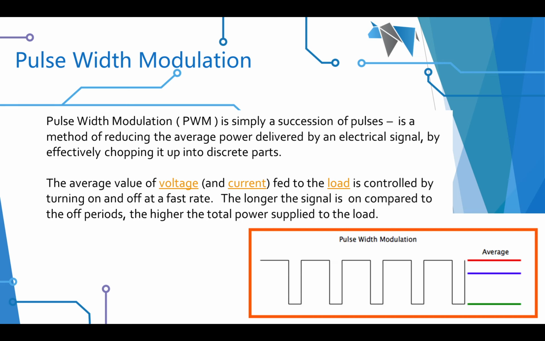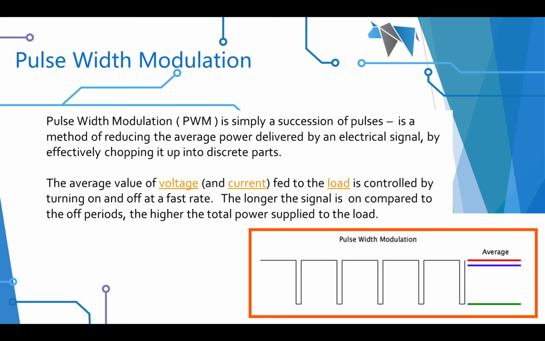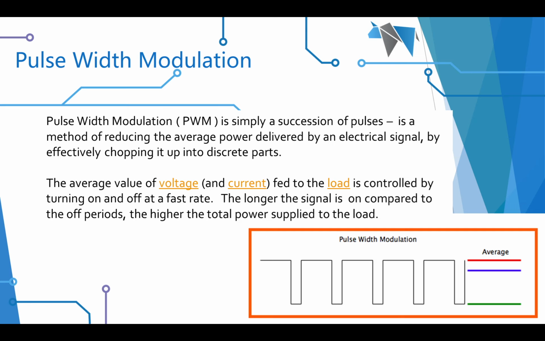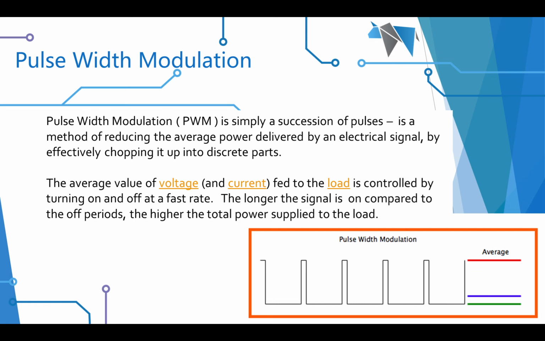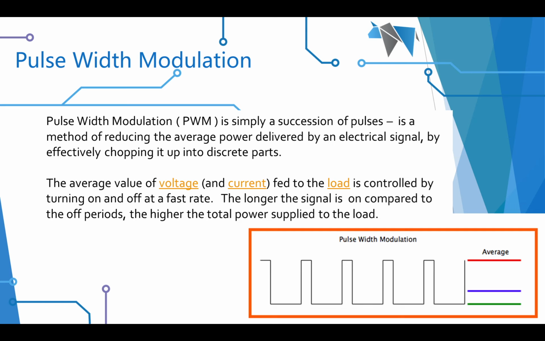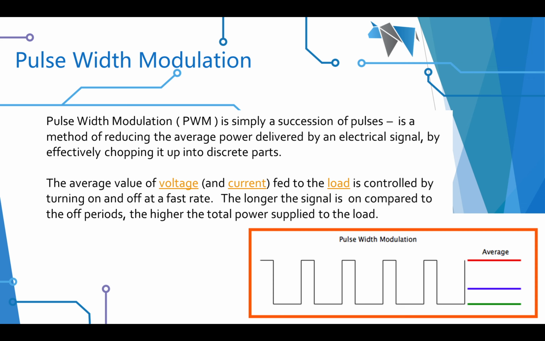Now, some have fixed frequencies where the period is fixed, and the longer the signal is on, the higher the total power supplied to the load. As the diagram shows, full on gives you full power, and then full off.